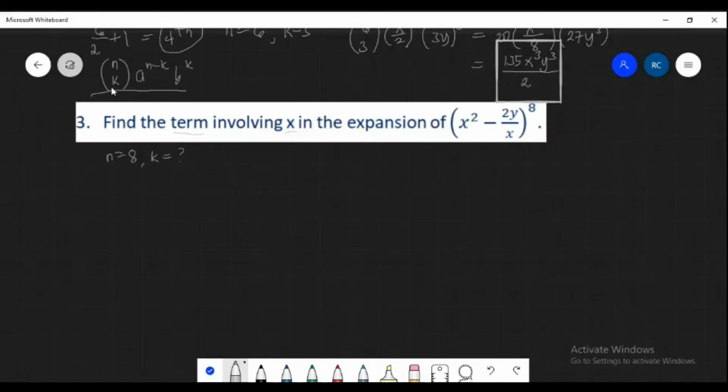Okay, let's substitute using the formula. 8 combine k, of course we don't know the value of k. 8 combine k times the first term, which is x squared, raised to 8 minus k. Remember, I'm using the formula. Nakukuha po?